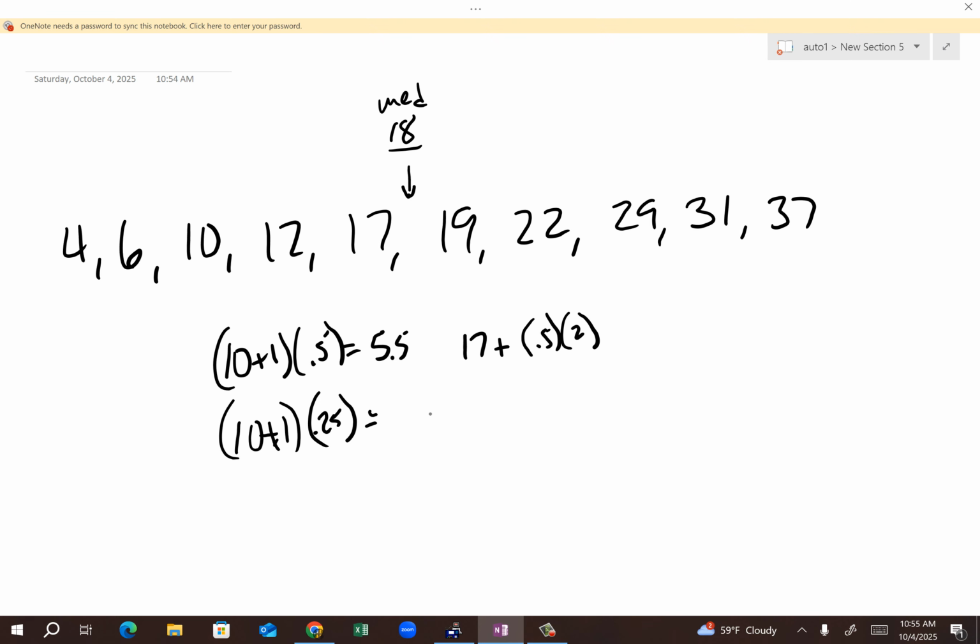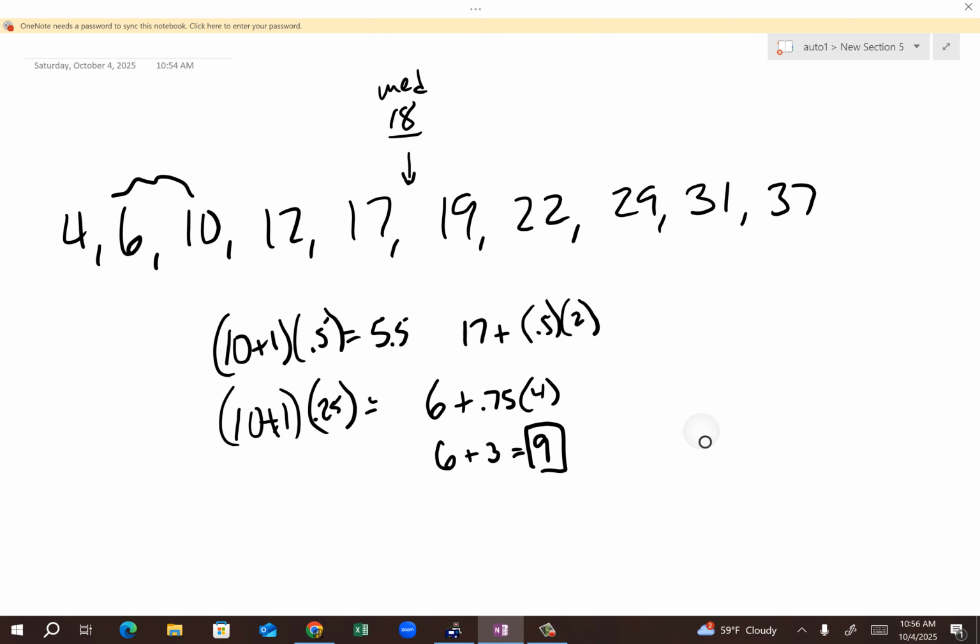So I'm going to start with the second term, plus 0.75 times the difference. So that's a difference of 4. So 6 plus 3 is 9. That guy right there should be our guy, yes?